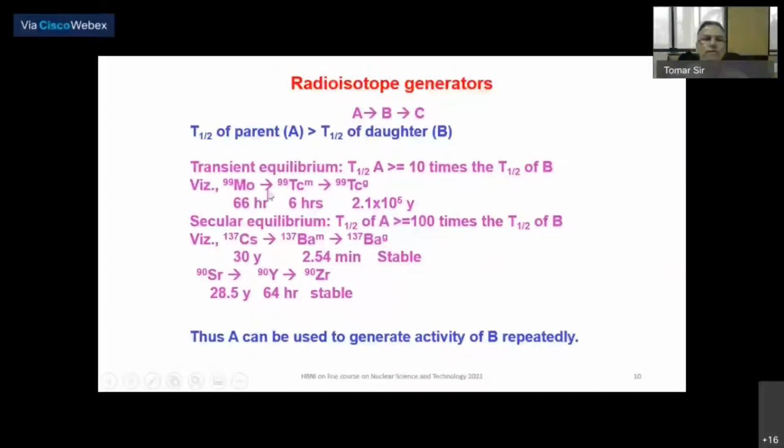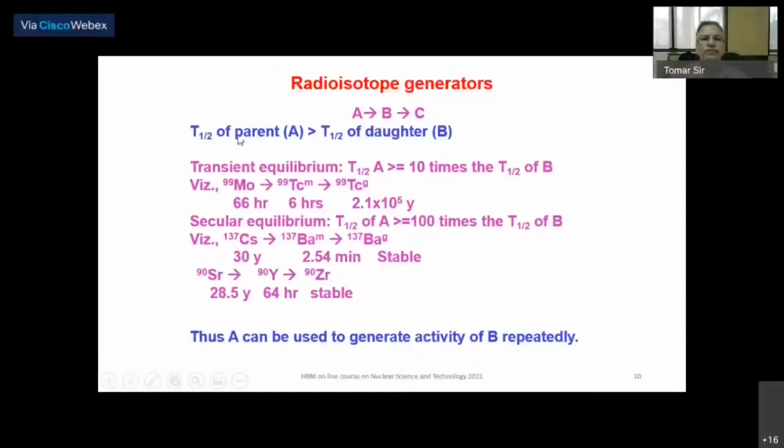So for example, you have 99 molybdenum, 66 hours, decaying to 99m technetium, 6 hours, and the end product is almost stable. So you can use this generator to get radioisotope 99m technetium. This is the cow, 99 molybdenum, from which you can milk the daughter.